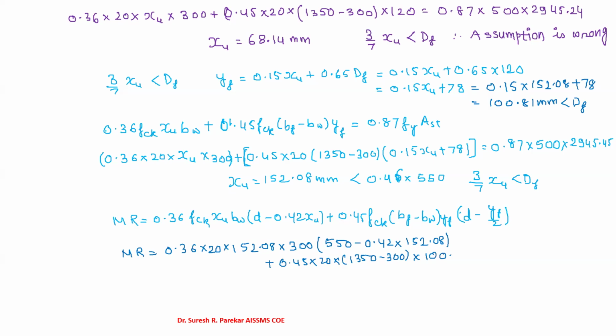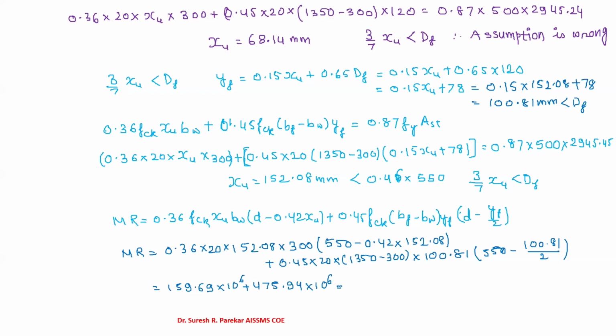Into YF, 100.81, into D, 550 minus 100.81 divided by 2. By solving this, the first part we have is 159.69 into 10 raised to 6, plus 475.94 into 10 raised to 6.